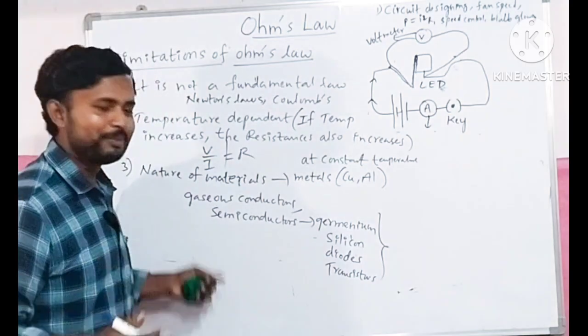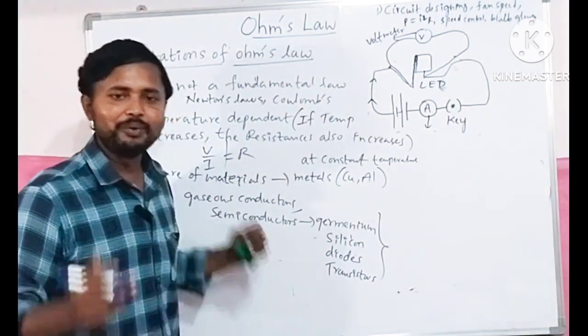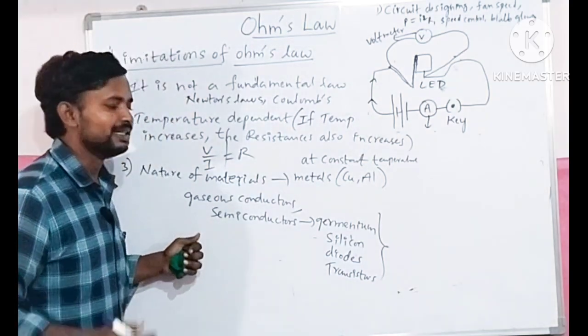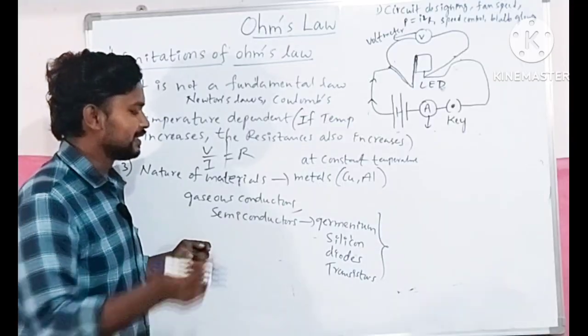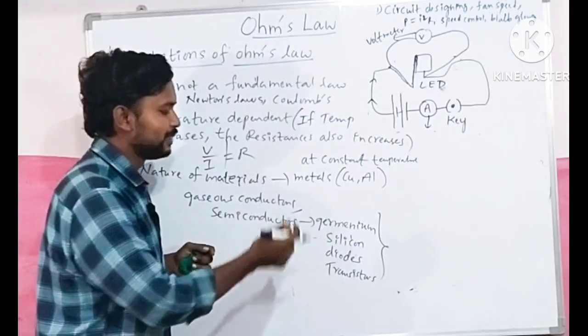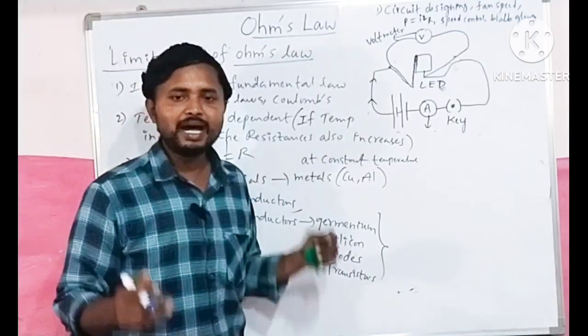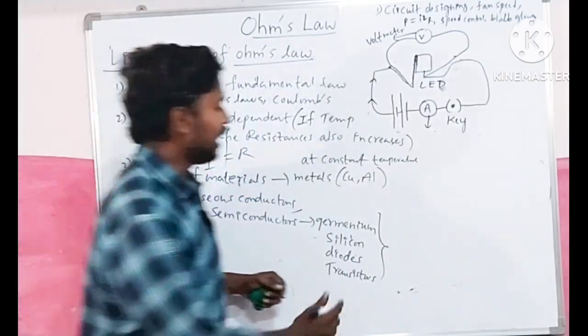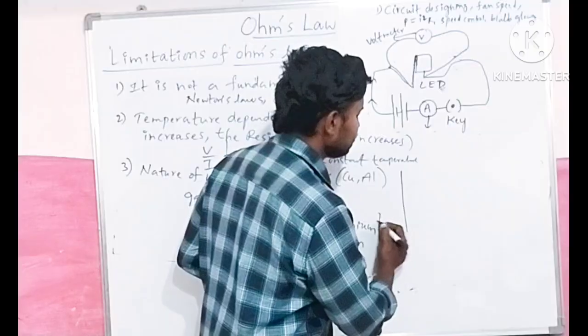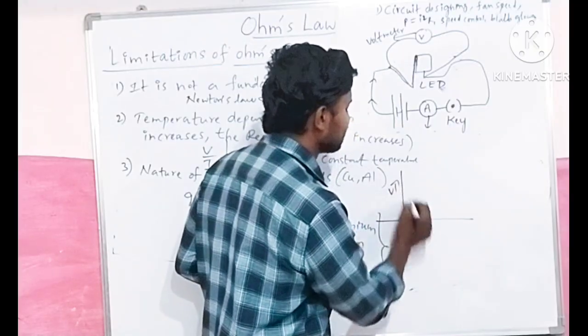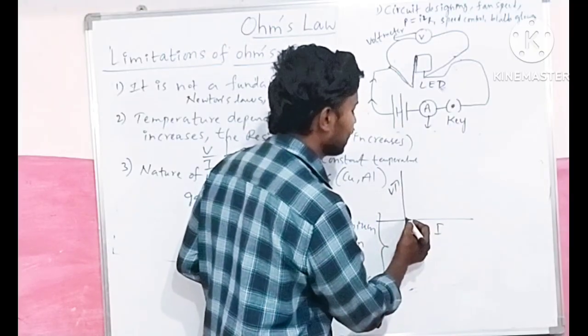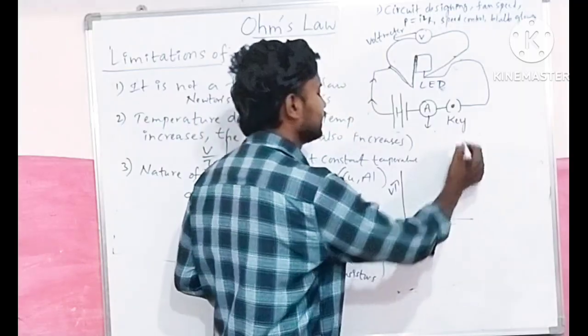But some other materials do not obey Ohm's law, like gaseous conductors, and semiconductors like germanium, silicon, diodes, transistors. These do not obey Ohm's law because when you draw the graph, it is not a straight line. It is like a curve.